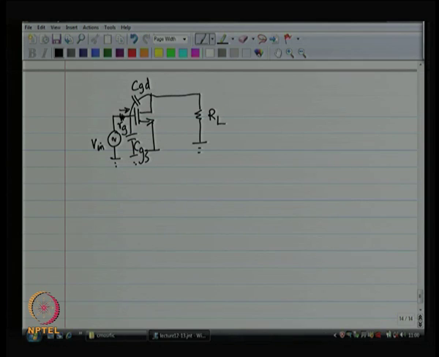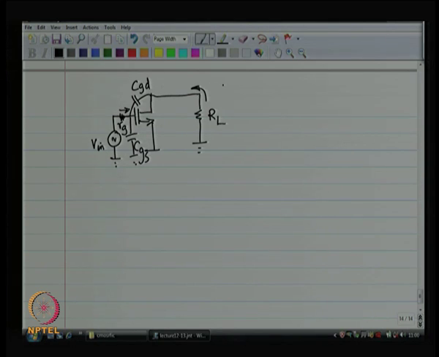The voltage drop across the gate resistance means that some power is burnt on the gate of the MOSFET, which means there is some power going into the MOSFET. All right. This is okay. Then the power output is of course whatever the current is, current squared times RL will give you the output power. All right. So, let us work this out in a little more organized fashion.